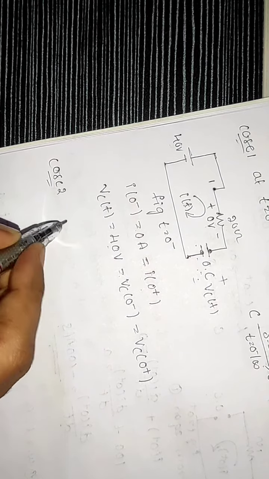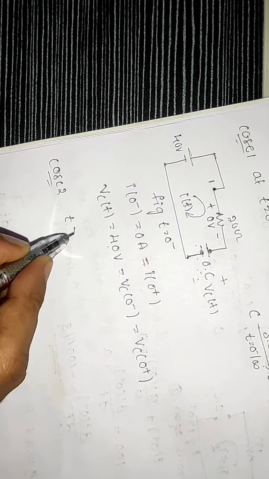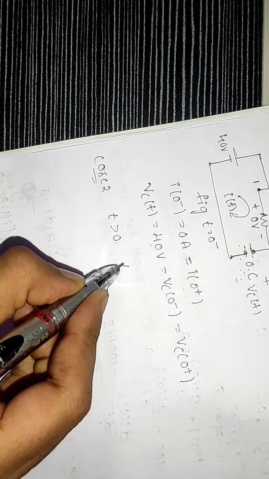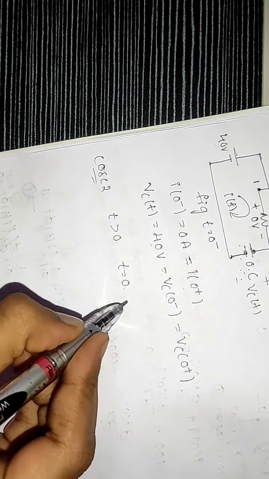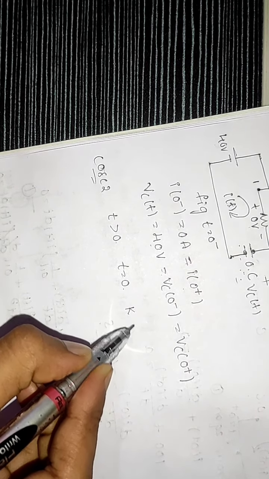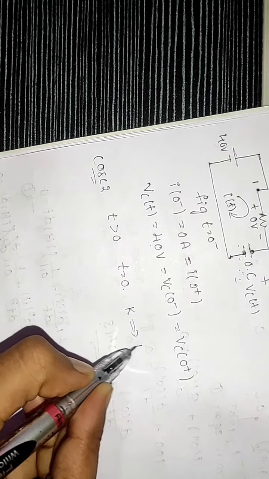Now in case 2, for t greater than 0. For t greater than 0 means at t equals 0, switch K is moving from 1 to 2, right? 1 to 2.